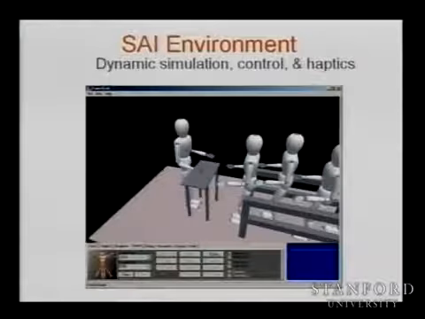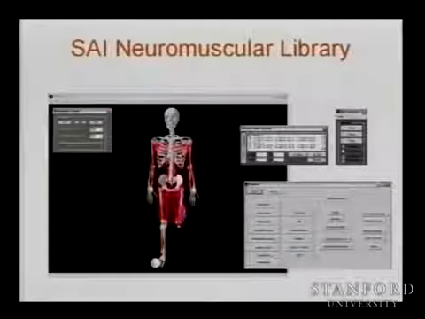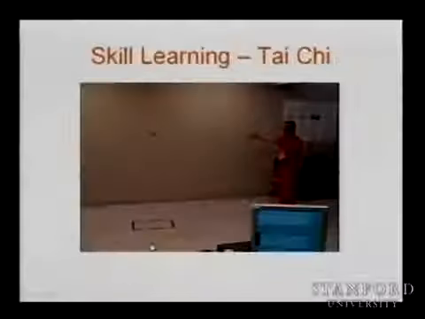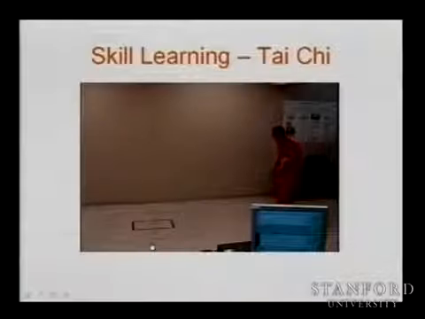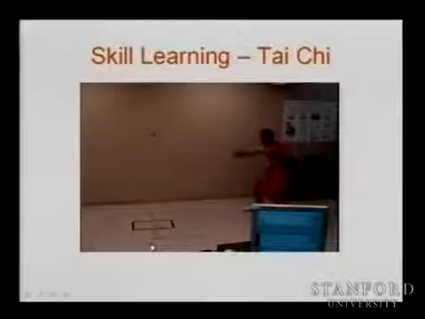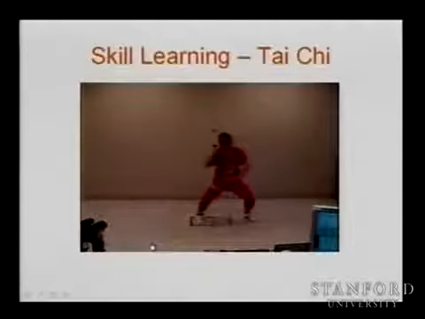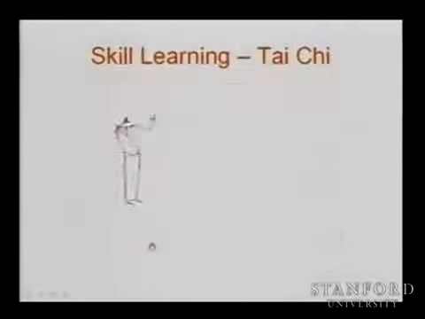Well, this is the environment we developed that also contains neuromuscular models that can be used to analyze and look at a human. This is a recent work on Tai Chi analysis, and the master here from Beijing is performing a motion that we can record, and then we can analyze the motion.